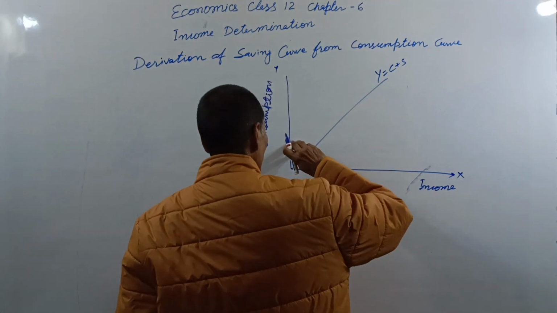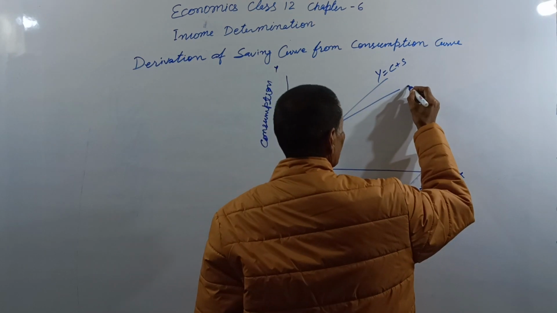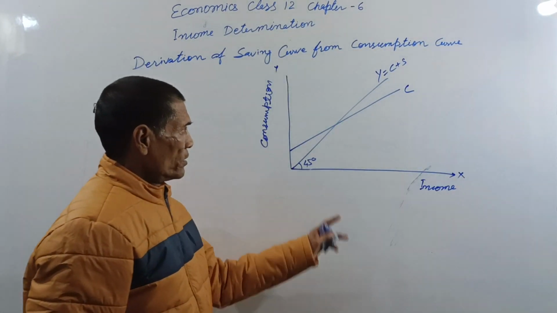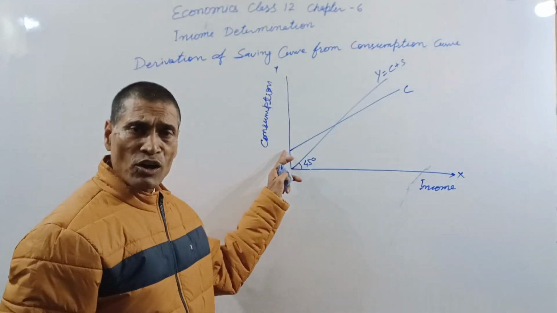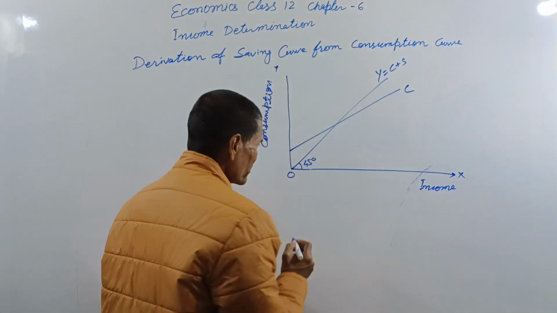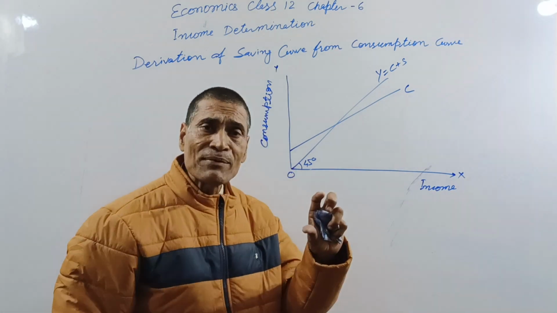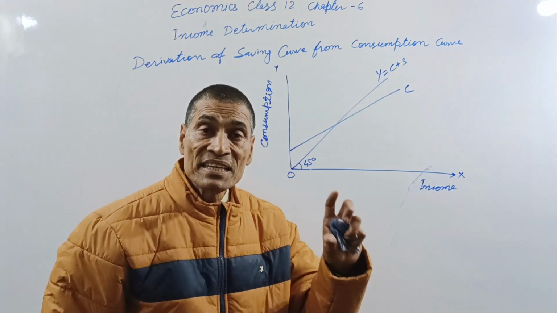And this is the consumption curve. It begins above the origin, because even at zero level of income it remains constant, and there is a certain level of consumption even when income is 0.